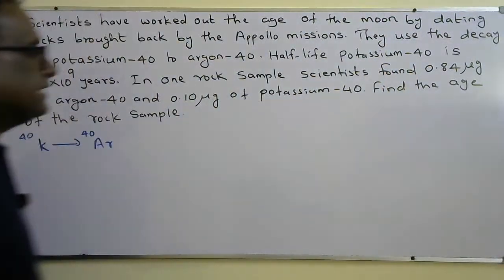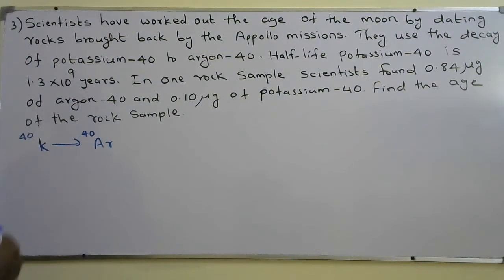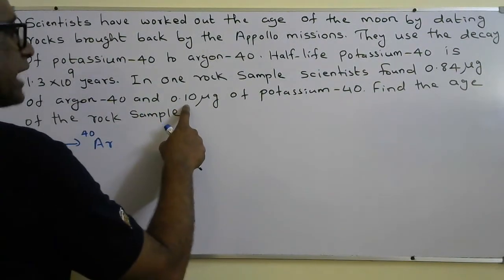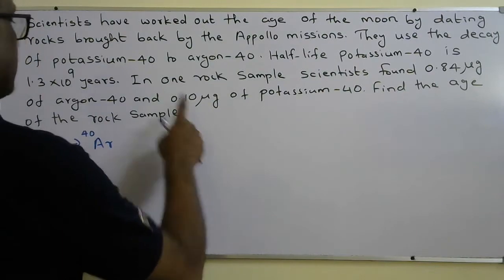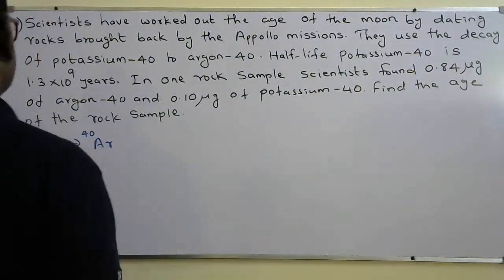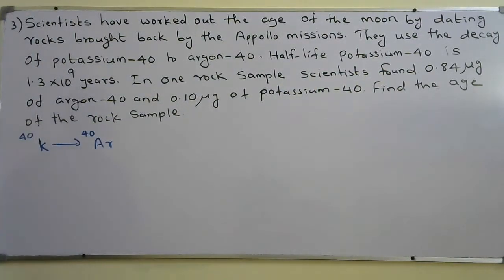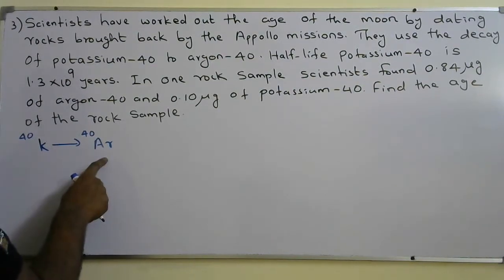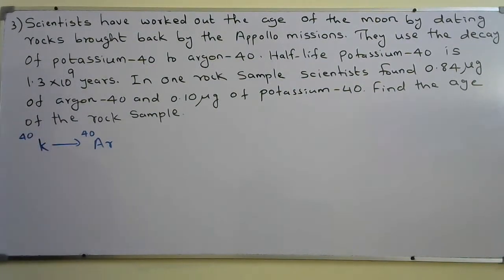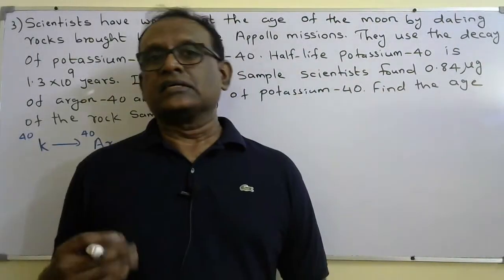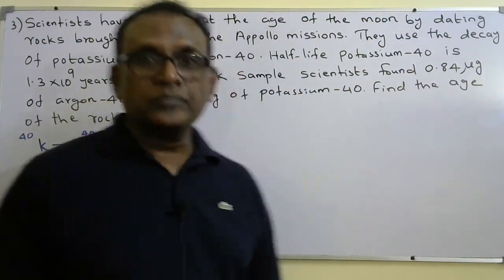So here, in the rock sample they found 0.10 microgram of potassium and 0.84 microgram of argon-40. Whatever argon, the 0.84, was there was initially in the form of potassium. So we should know the initial amount when the rock was formed on the moon.